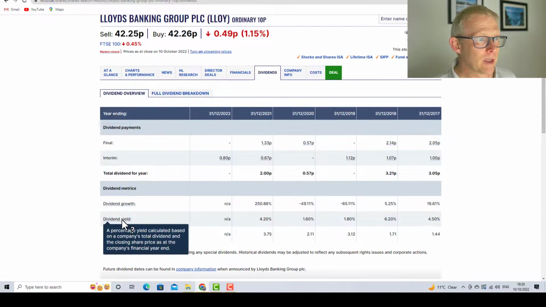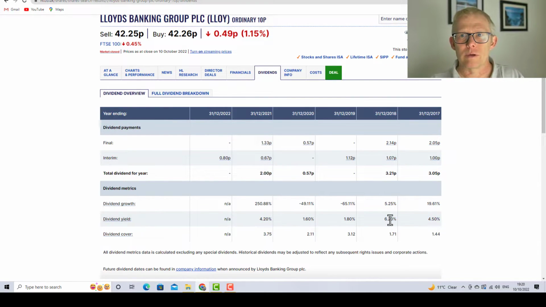Dividend yield is the percentage yield calculated on the company's total dividend and the closing share price at the end of that financial year. If the share price comes down drastically, you will get a higher yield, and sometimes a higher yield is not the best thing.